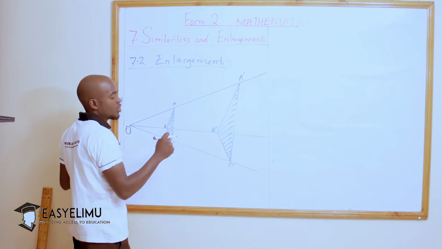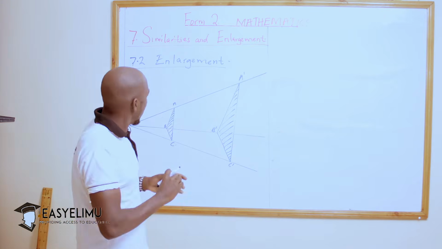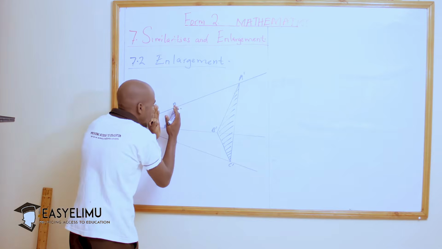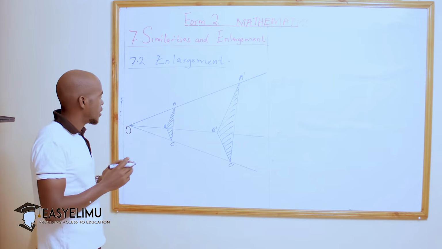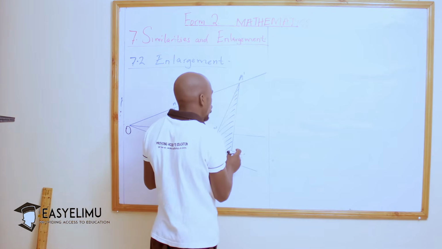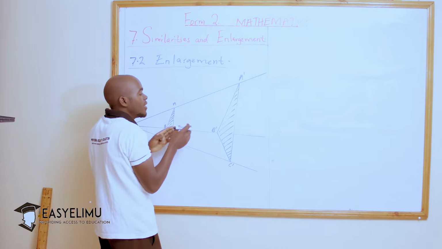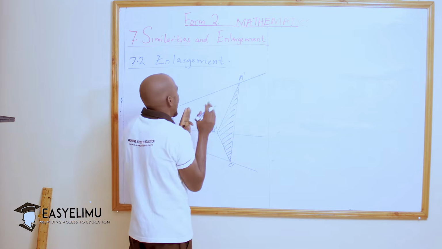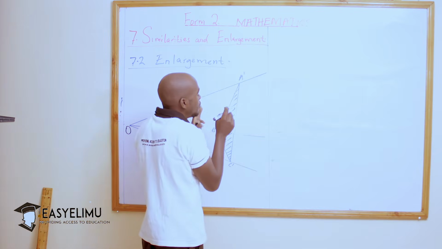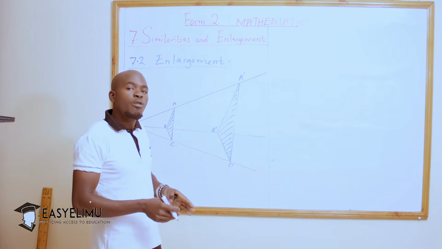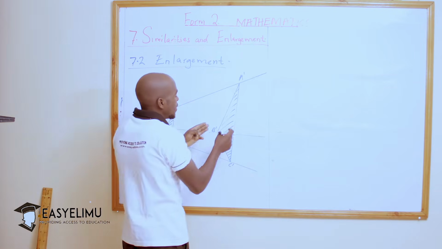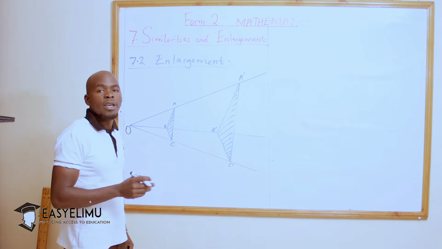So we want to deduce another kind of similarity information, in that this was our initial object, but under a certain given condition we have obtained this, which is just similar to it but larger than the first object. The process of obtaining a larger or a smaller object from the real object we had, let's call this the image, is called enlargement.